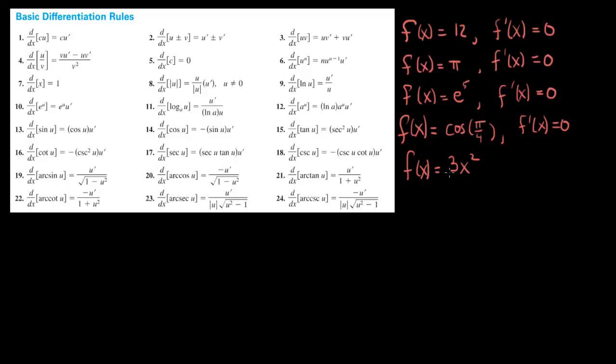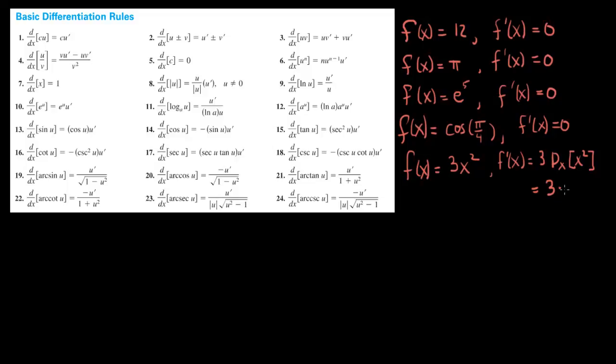So what we can do, according to the rules over here, the basic differentiation rules, we can say that f prime of x equals 3 times the derivative of x squared. Okay? We can use the constant multiple rule to essentially factor the 3 out and then take the derivative of x squared. So this equals 3.